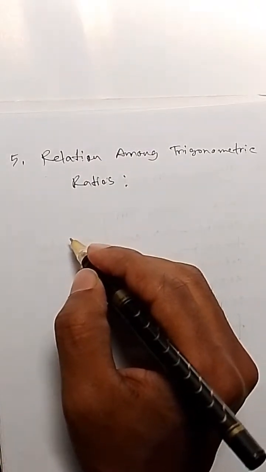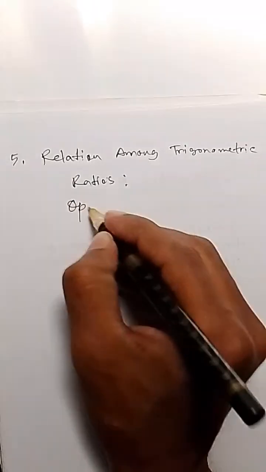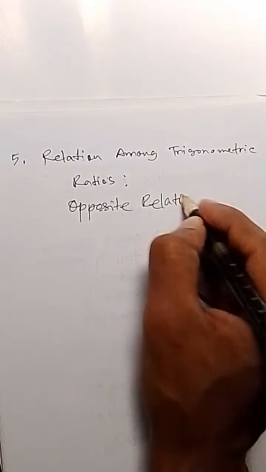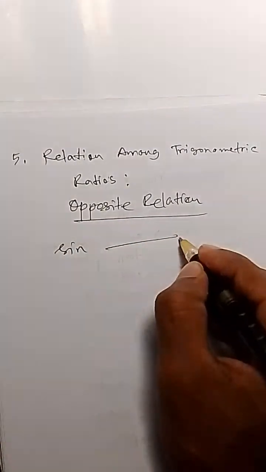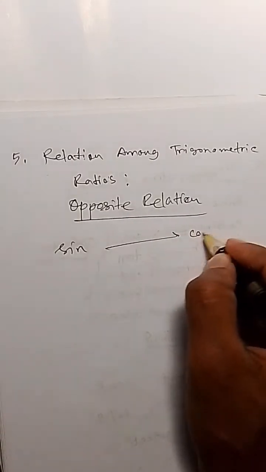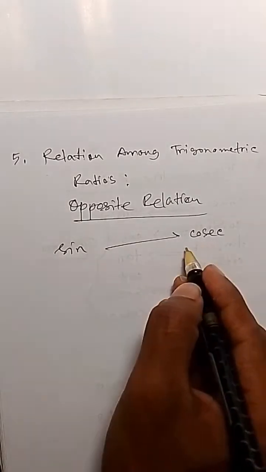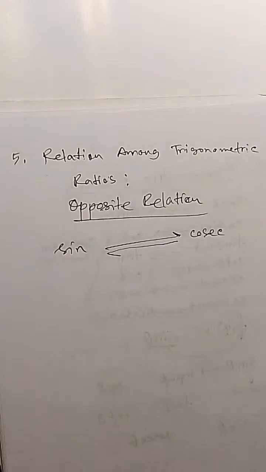So, opposite relation, this one will be the opposite relation. Sine is opposite of cosec, and also cosec is opposite of sine.